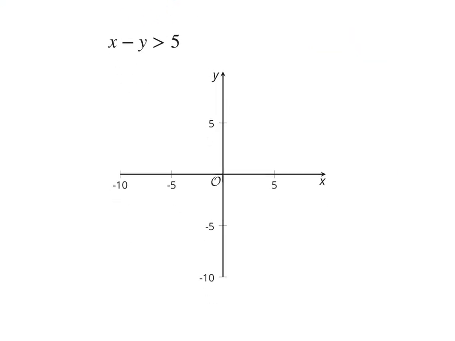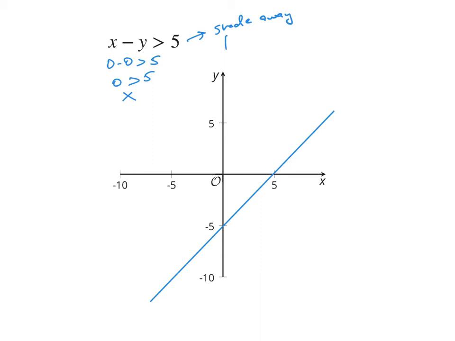So again, draw my line. Okay, do a solution test. I'm going to use the origin, 0, 0. But in this case, it is not greater than 5, so that means I need to shade away from the origin.